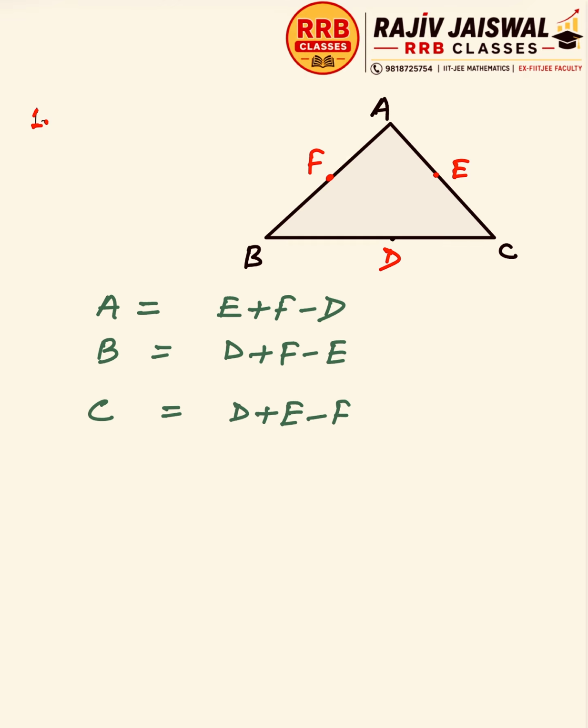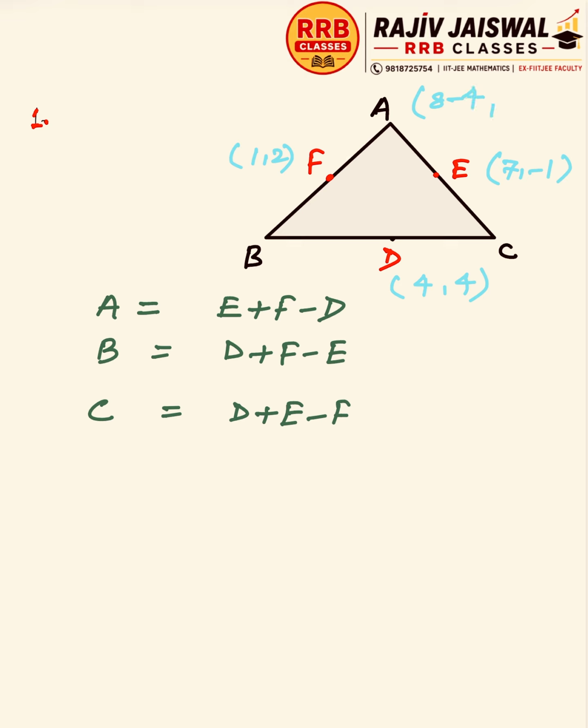How does it work? Let the point F be (1, 2), E be (7, -1), and D be (4, 4), and you want vertex A. Just add the x coordinates of E and F, which is 8, and subtract the x coordinate of D, which is 4.